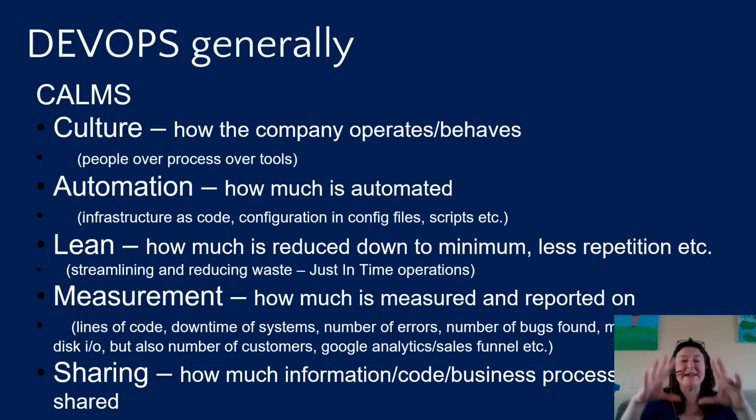You write a YAML file, for example, that says, I want a virtual machine, and that virtual machine should have Windows on it, this version of Windows. It should have this port open. It should be running IIS. It should have this virtual directory, and it should be configured with these access permissions. Writing it all as a YAML file as infrastructure as code so that it can be automatically created.